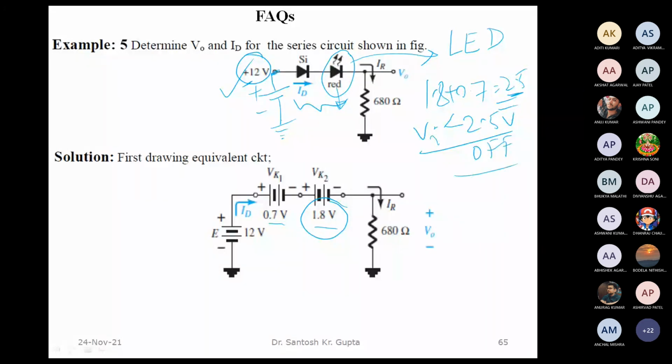The diodes are going to be on only when the input is greater than the sum of both potential barriers, 2.5 volt. Then both diodes are on, and we will see a current flow through this, as seen here. And then one can again apply the KVL equation to solve for the current I here.